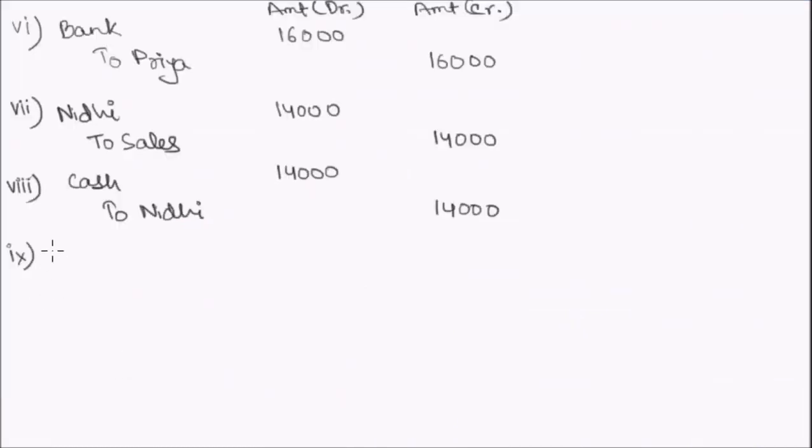So the transaction's journal entry would be purchase account to Ritu account. The amount would be 20,000.